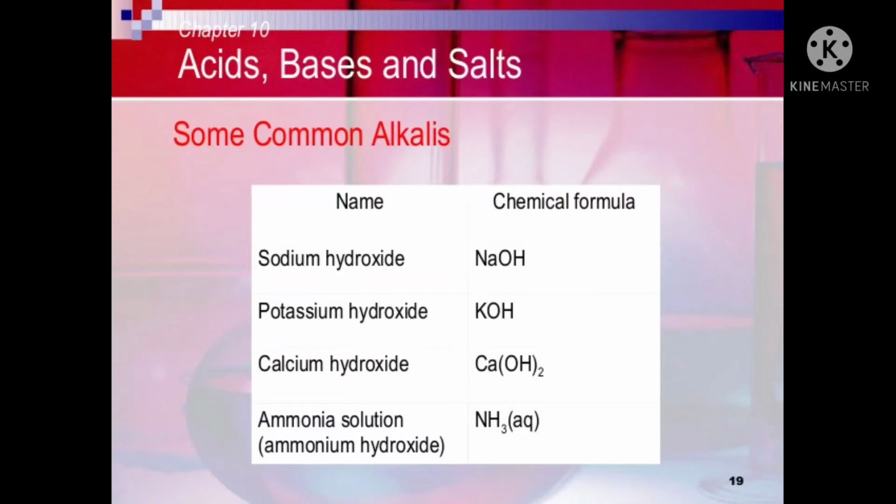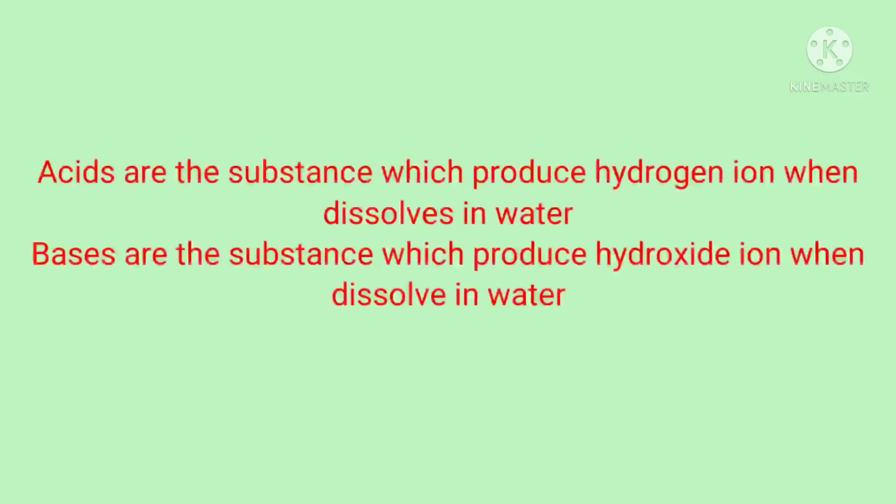ammonia solution. Bases are also of two types, strong bases and weak bases. Examples for strong bases are sodium hydroxide, potassium hydroxide, etc. These bases are completely ionized in water and produce a large amount of hydroxide ion, and the weak bases are calcium hydroxide, ammonium hydroxide, etc. These bases when dissolved in water produce a small amount of hydroxide ion.